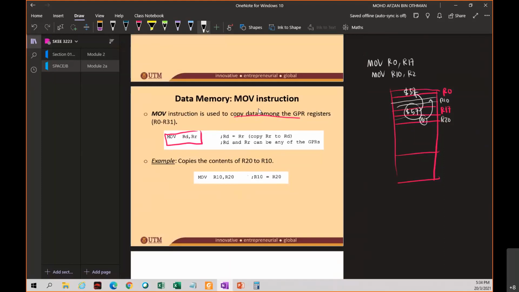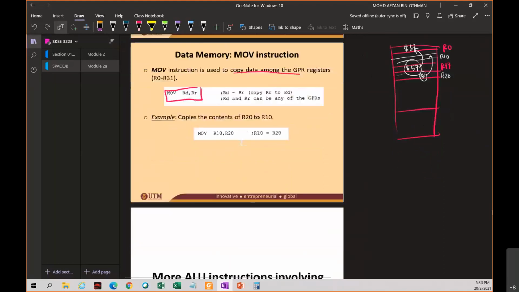R20. So automatically what happens here is R10 akan sama dengan R20. Dia punya content, dia punya value inside of that register. Okay, so that one is for move lah, untuk copy data from one register to another register.